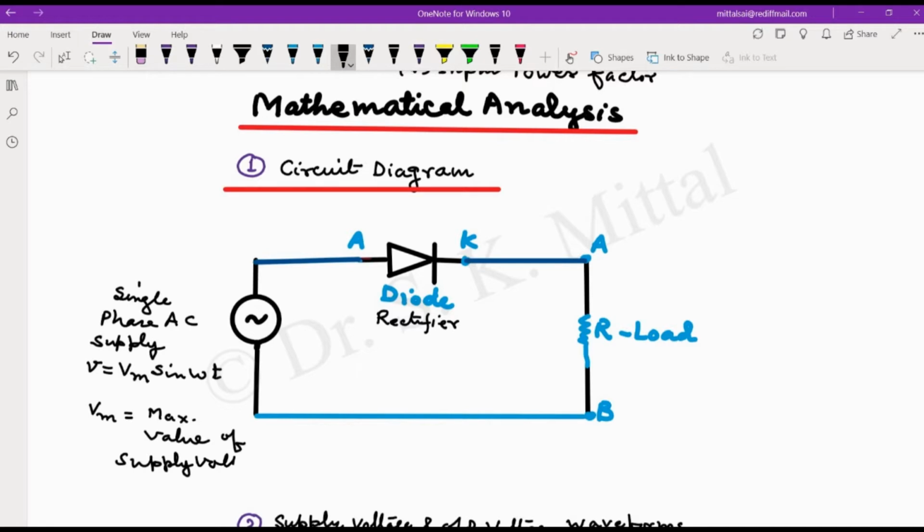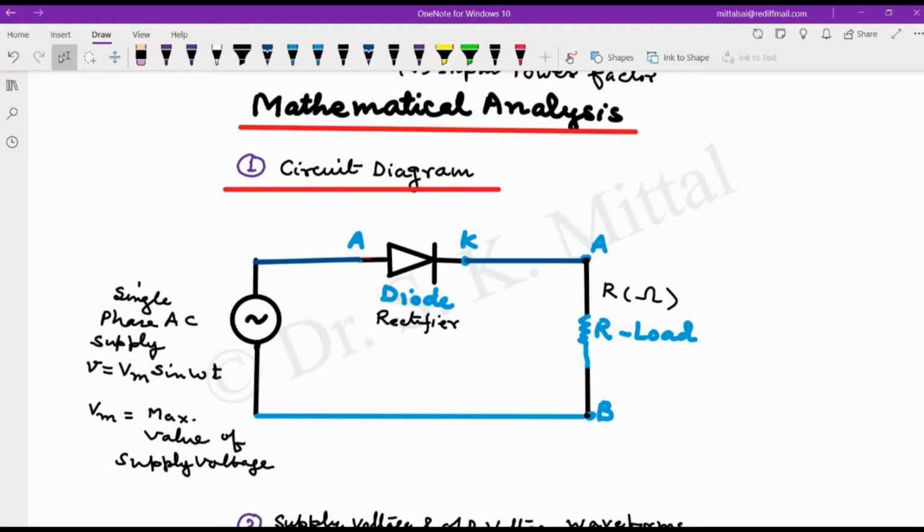Now, at the output of rectifier here, between terminals A and B, a resistive load is connected which has a resistance of Ro.